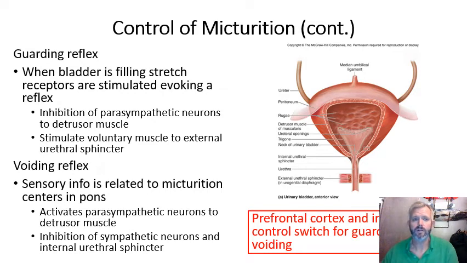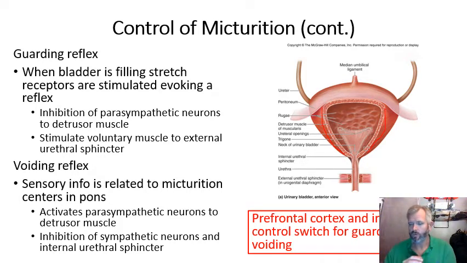So we have the guarding reflex, in which the detrusor muscles of the wall here are inhibited, the parasympathetic is inhibited, and the external urethral sphincter is stimulated to contract, to hold in, so urine cannot escape.